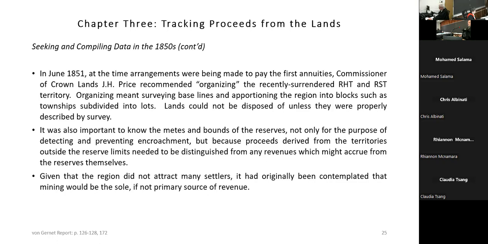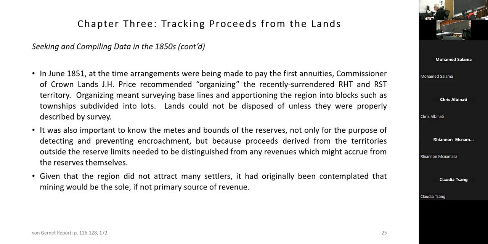Surveying was also important because you needed to know the metes and bounds of reserves. The treaties had indicated sort of a rough place where these reserves were to be established, but nobody knew on the ground exactly where these reserves were. And so surveyors had to be commissioned to go out and survey those, and that took years.